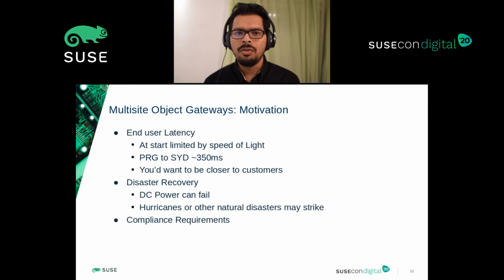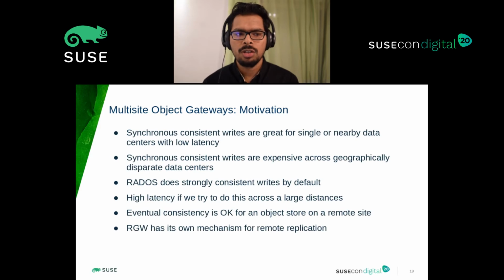When we talk about geo-redundancy in the context of Ceph, Ceph is always doing synchronous writes, and synchronous writes are great if you have data centers that are really close by, where the latency doesn't matter. Otherwise, for geographically apart clusters, synchronous writes are going to be very costly and you cannot actually pull it off.